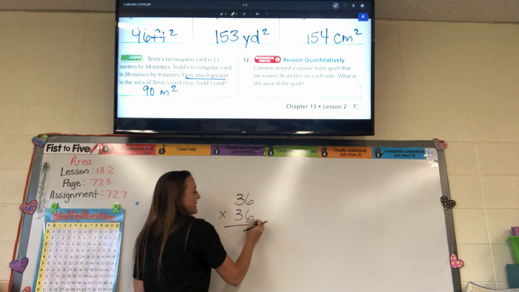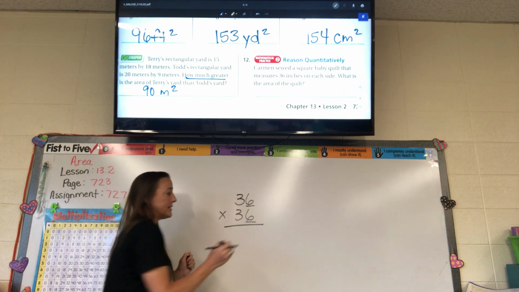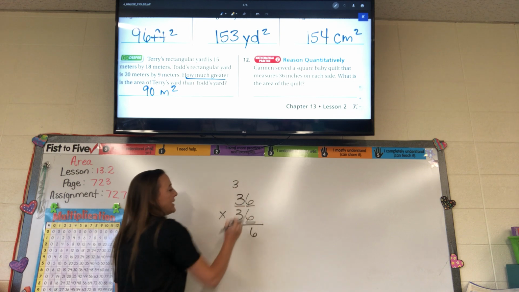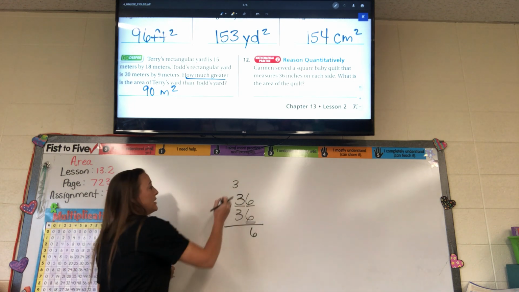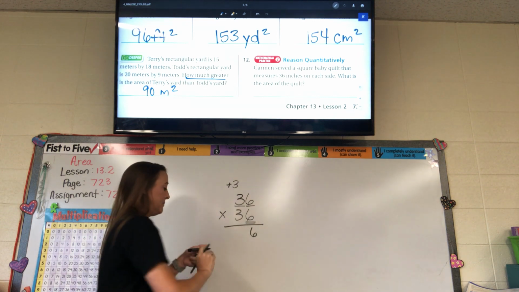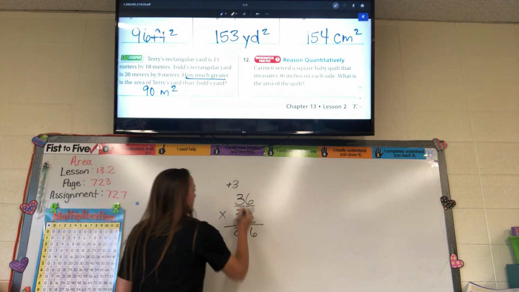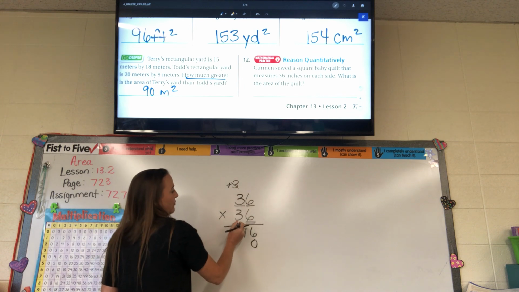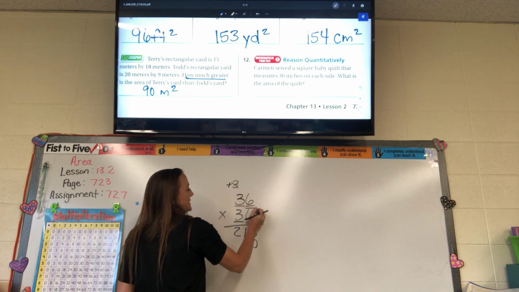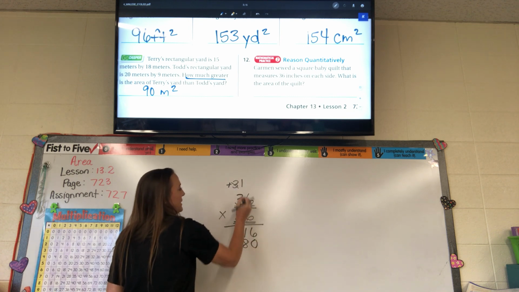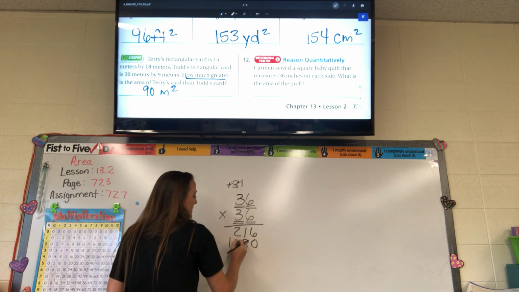Here we go. 6 times 6 is 36. Put down your 6, carry your 3. 6 times 3 is 18, plus 3 more, 18, 19, 20, 21. And now we're done with that 3, so I cross it out, put my 0 placeholder, and go over to this 3. 3 times 6 is 18, put down the 8, carry the 1. 3 times 3 is 9, plus 1 is 10.